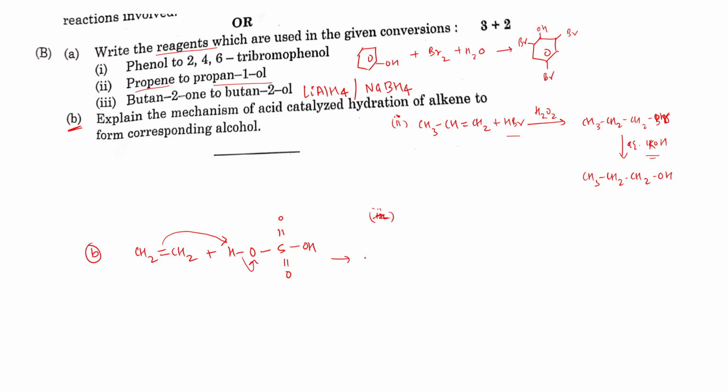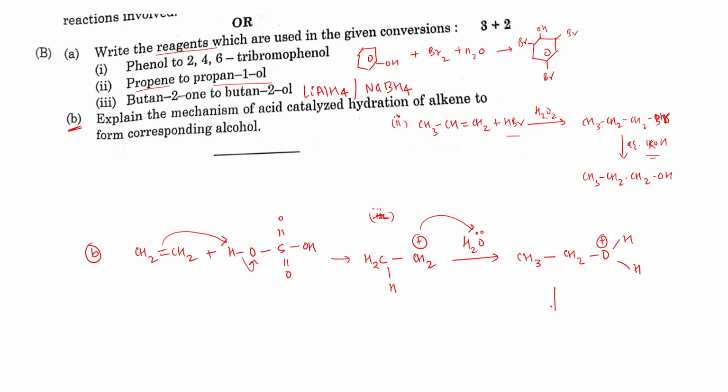So it will be CH3CH2 with a carbocation, CH2+. Then, because of the presence of water, this positive charge gets attacked by water and we get CH3CH2O, and since O has two H, this H on this side and this H on this side, this oxygen acquires a positive charge.